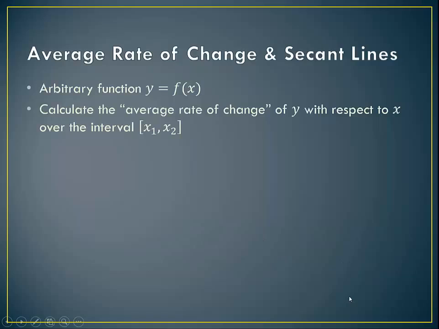So let's say we have just an arbitrary function, y equals f of x, and we want to calculate the average rate of change of y with respect to x over this interval, x1, x2. So to do that, what we're going to do is just set up our definition. Our average rate of change, once again, is the change in y over the change in x.